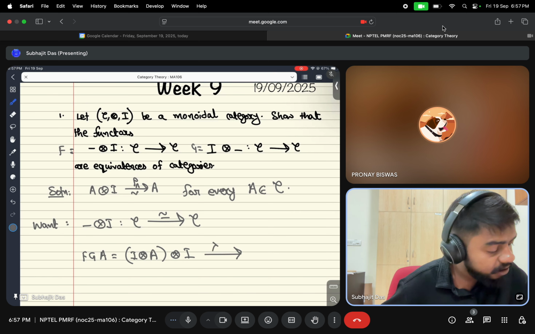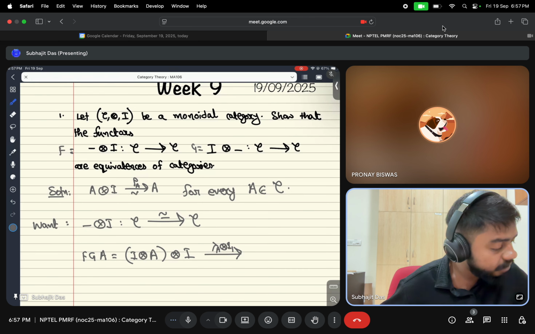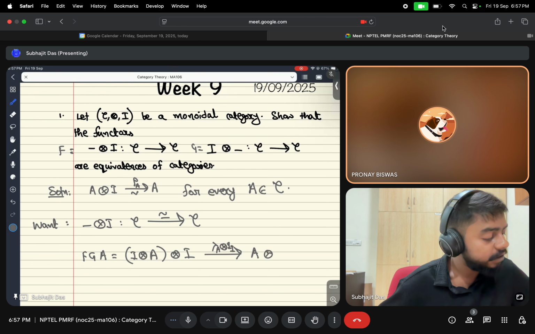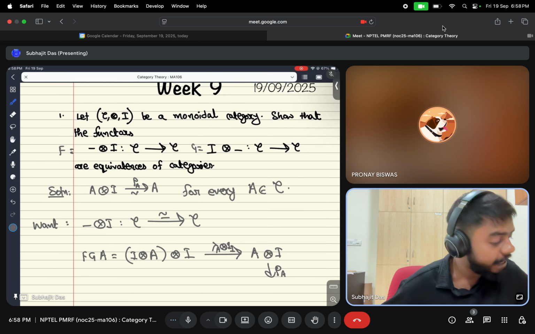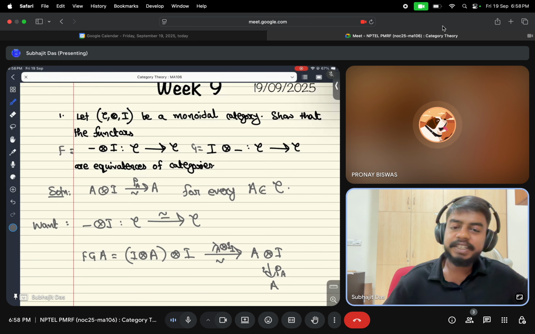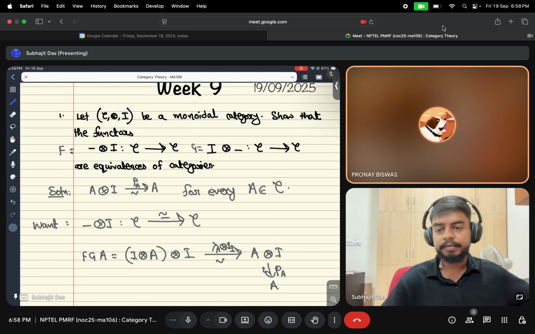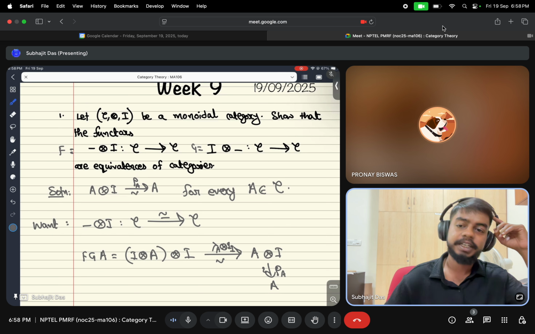So this is lambda A first, tensored with I, which is A tensored with I, and from there you use rho A to get to A. So FGA is isomorphic to A. Why does this give you a natural isomorphism from FG to identity?